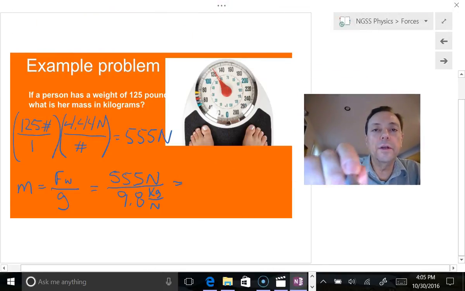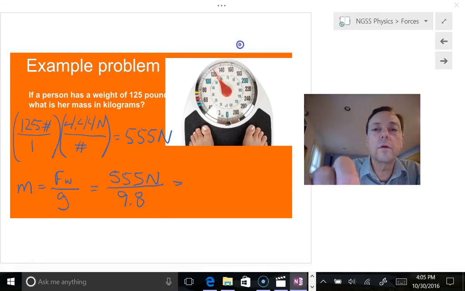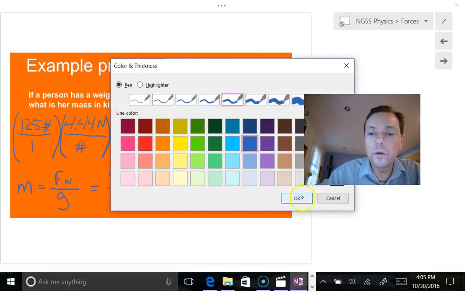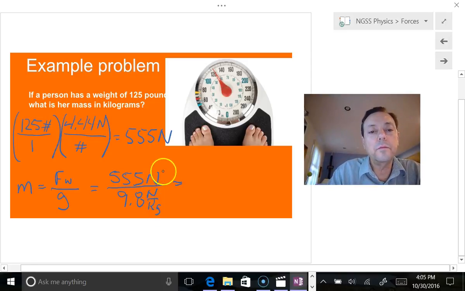That is newtons per kilogram. The newtons divide out. 1 over 1 over kilograms is kilograms.